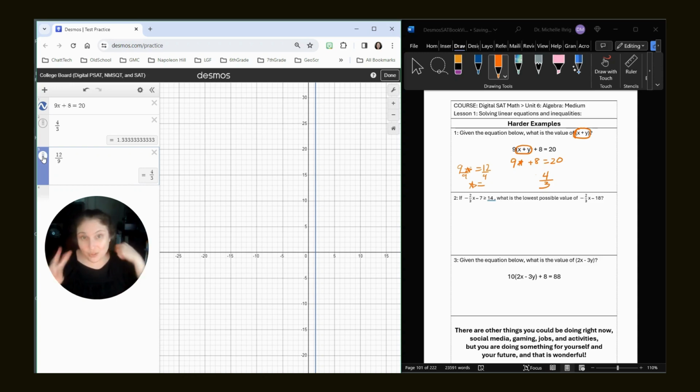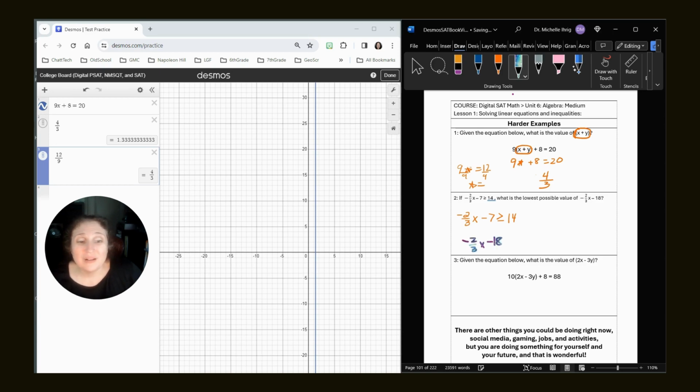Okay, here there's two possible ways that you can do this problem. The first way, it says, well, first of all, it says if negative 2/3 x minus 7 is greater than or equal to 14, what is the lowest possible value of this? So one way that you could have done it is you could have been like, okay, wait. If this equals 14, what do I have to do over here to make this look like this?